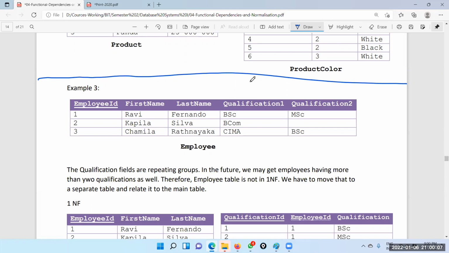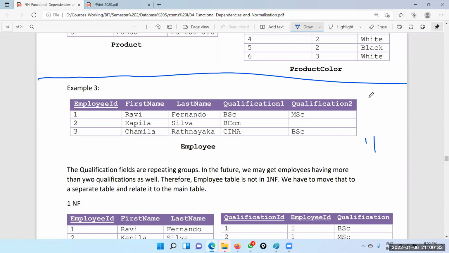So how do you know there are only 2 qualifications? A person might say, I have 5 qualifications. So then what are you going to do? Are you going to have 5 fields like that, qualification 1, 2, 3, 4, 5? Then maybe very rarely a person has more than 1 qualification, so you are wasting a lot of storage.